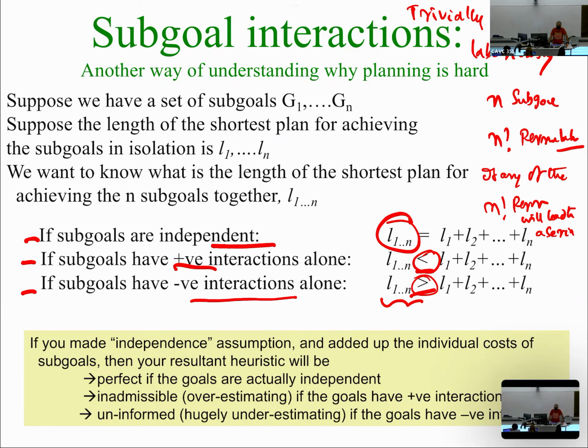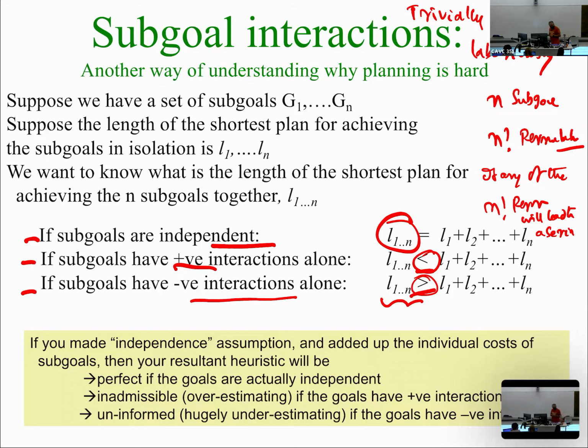And the hardest is negative, because in the case of negative interactions, just finding a plan might take a longer time. If you're doing progression search or regression search, the depth of the search will be the length of the plan. In the case of purely negative interactions, the depth will be higher, so you tend to do more search just finding a plan.